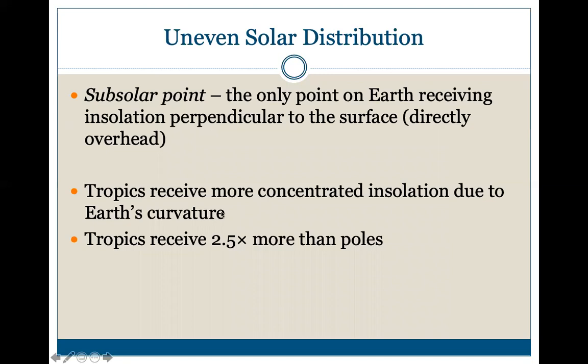The tropics always receive more concentrated sunlight because of the Earth's curvature, and they receive 2.5 times more than the poles. So the tropics are always in a surplus of energy, and the poles are always in a deficit.